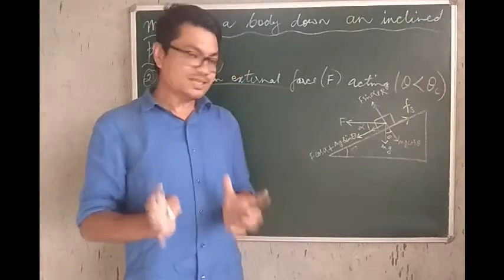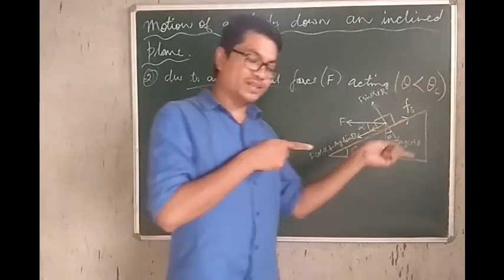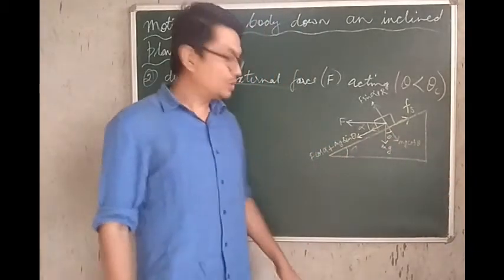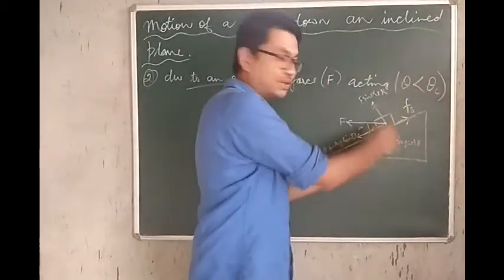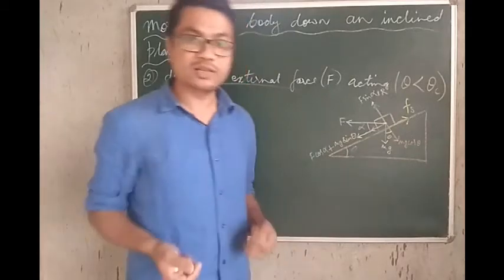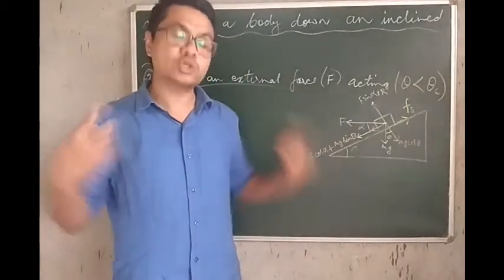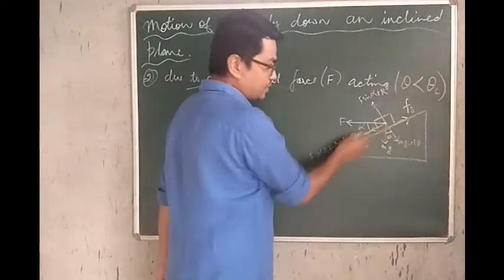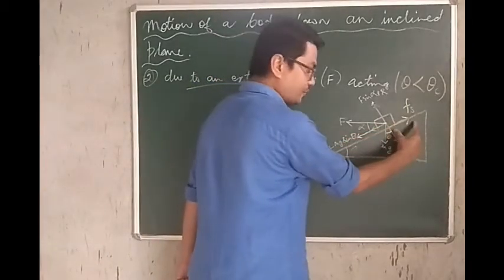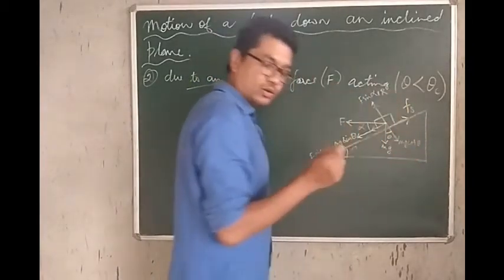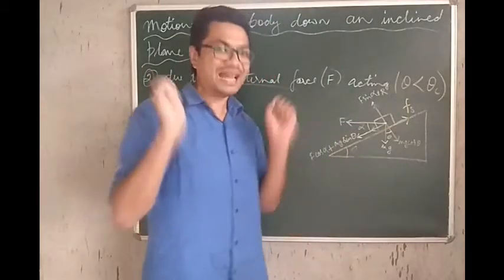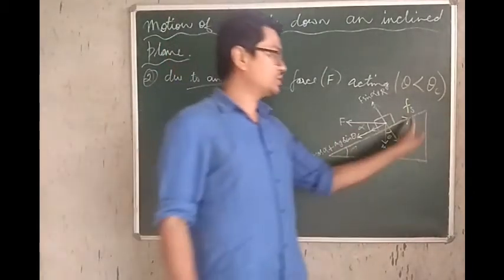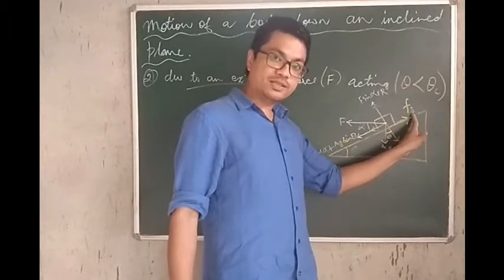Now, in this scenario of equilibrium, when the body is on the verge of sliding down, the total force acting on this body has to be zero. The forces should be balancing each other out. So, when the body is on the verge of sliding down, the force of friction that will be acting now, of course, is static friction, but the maximum value of static friction, which is your limiting friction, F of S.